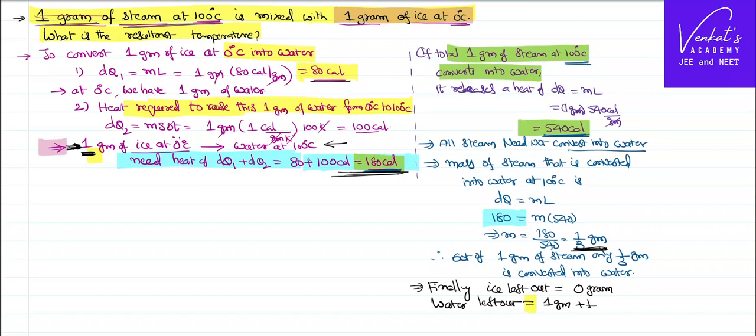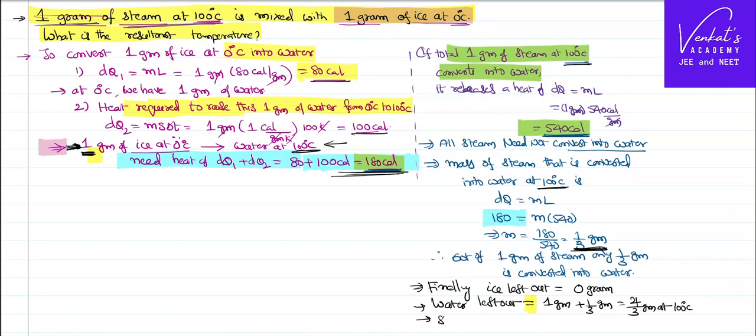So 1 plus 1 by third of the gram, that is 3 plus 1, that is equal to 4 by 3 times of gram. What is the temperature of this? Here it is 100 degrees centigrade. Here also the conversion happened at 100 degrees centigrade. All this conversion happened at 100 degrees centigrade.